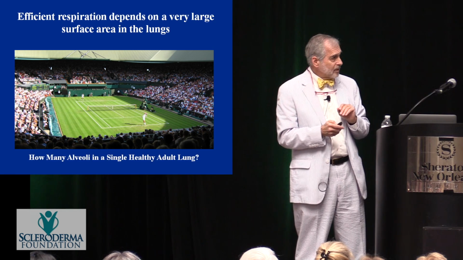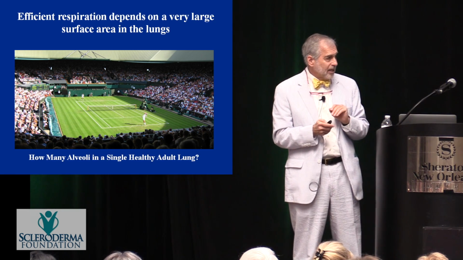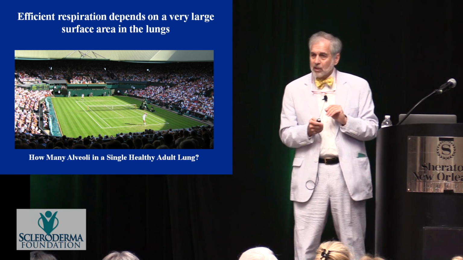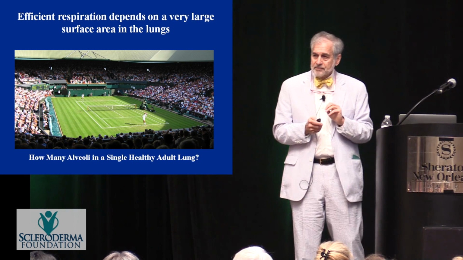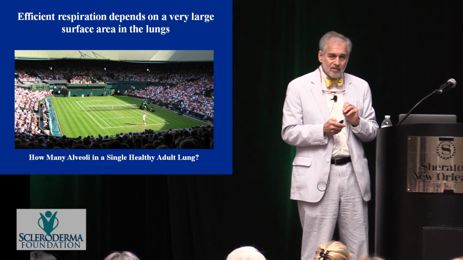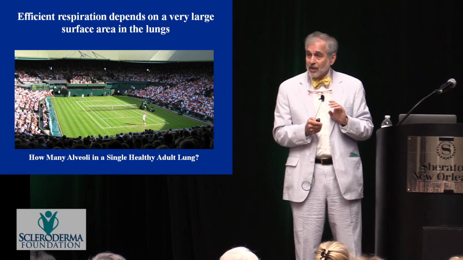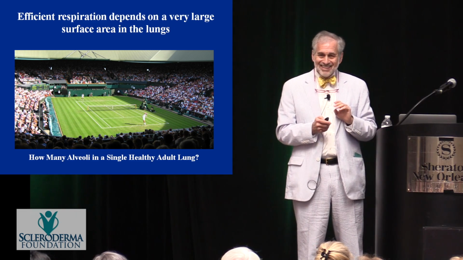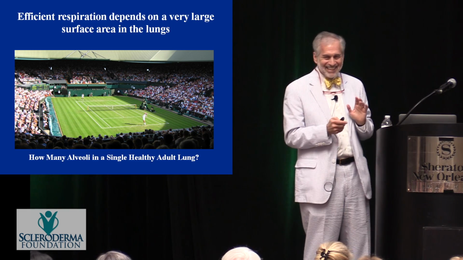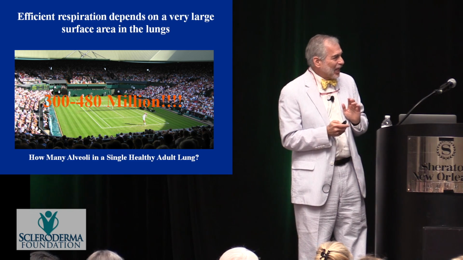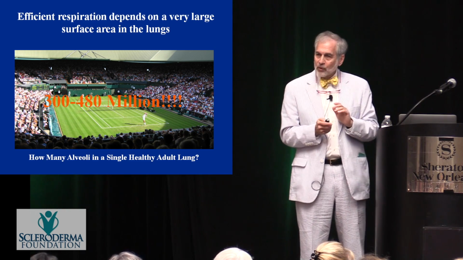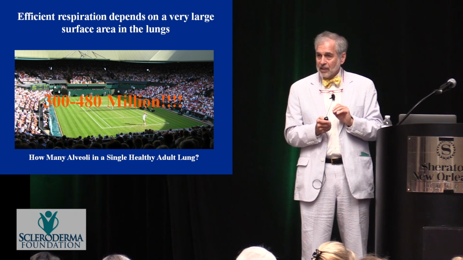So there are lots of alveoli. How many alveoli in a single human lung? Anybody want to take a guess? A billion, not quite. Huge. Actually, it's 300 to 480 million alveoli.